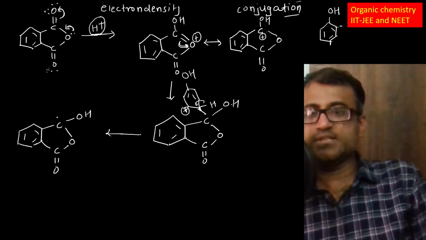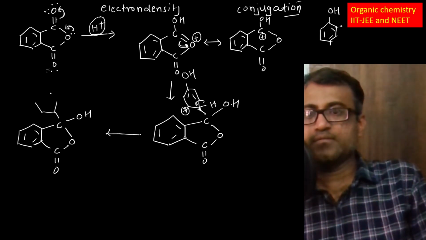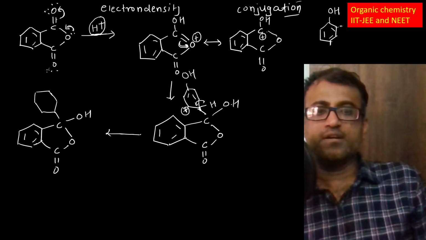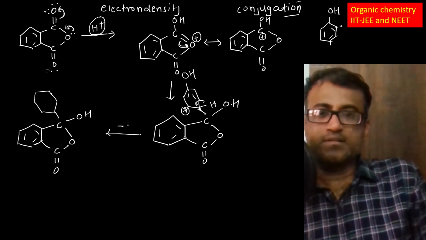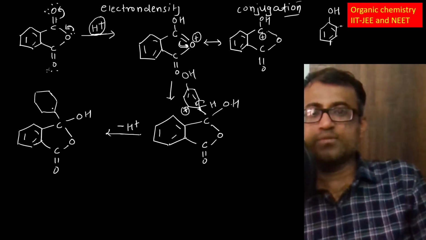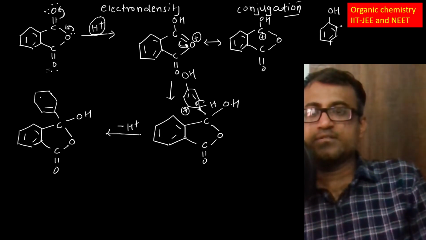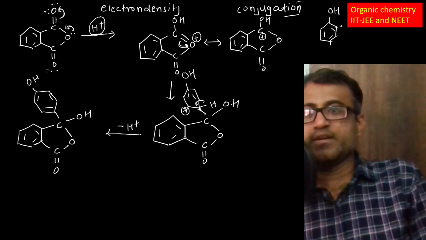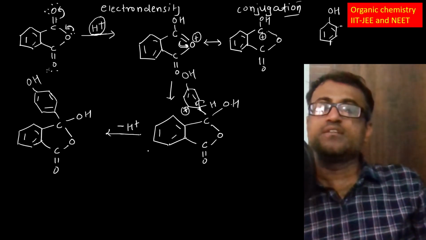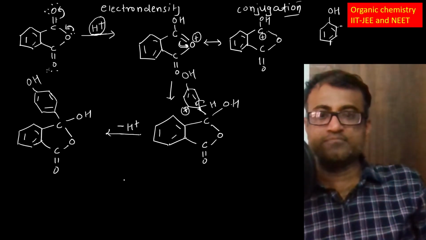Here one OH is there, and now this hydrogen leaves behind the lone pair. यहाँ से H plus चला गया, तो this double bond comes over here and in this way one phenol group got attached to the phthalic anhydride.